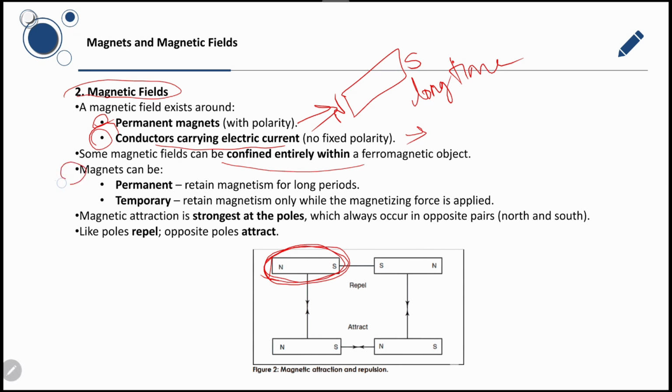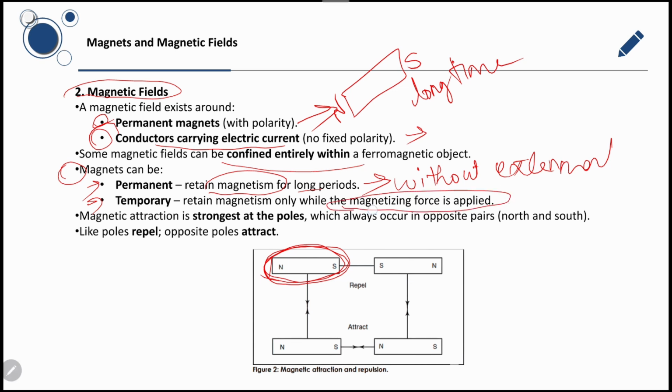What are the types of magnets? One is permanent and the other is temporary. Permanent magnets keep their magnetism without an external power source for a long period. Temporary magnets only stay magnetized while a magnetic force is applied.